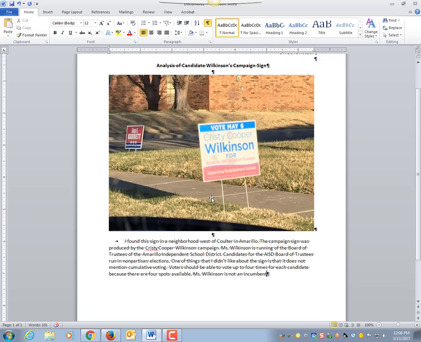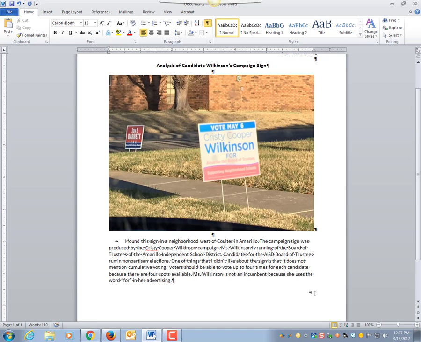If he's not the incumbent running for the Amarillo College Board of Regents, he may be violating the law. When you're running for something, the first time, you have to use the word "for," like Ms. Wilkinson does here. So she is not an incumbent because she uses the word "for" in her advertising.